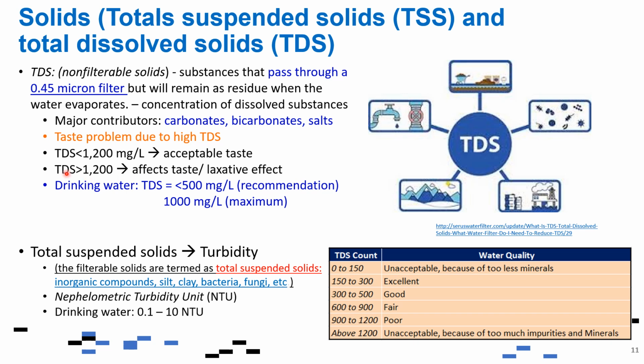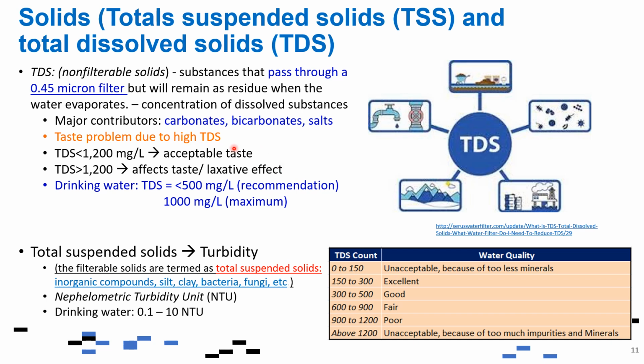In this case, at more than 1,200 milligrams per liter, which is the unit of concentration for TDS, this could happen to you. But within 1,000 or below 1,200 milligrams per liter, or ppm, parts per million, it is more of an acceptable taste, or even odor.